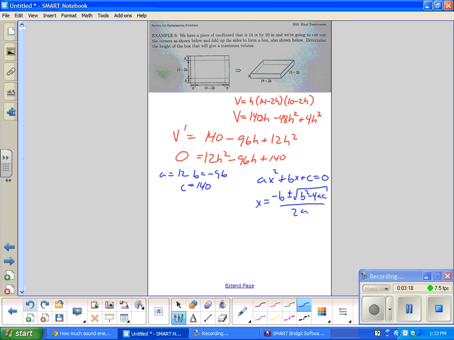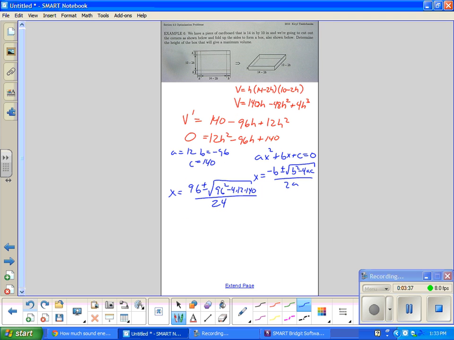And I know there's a program for this in your TI calculator. I can write this as 96 plus or minus the square root of 96 squared minus 4 times 12 times 140, all over 24, because that's 2a, 2 times 12. And if I do the math here, I can get this down to 2 solutions.